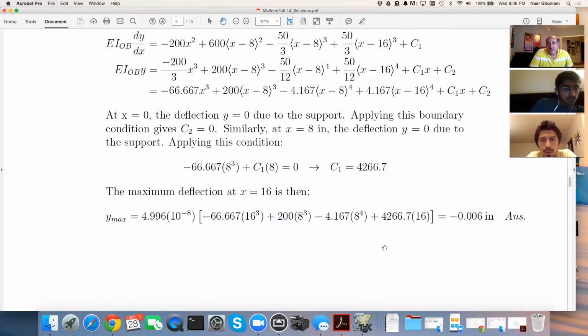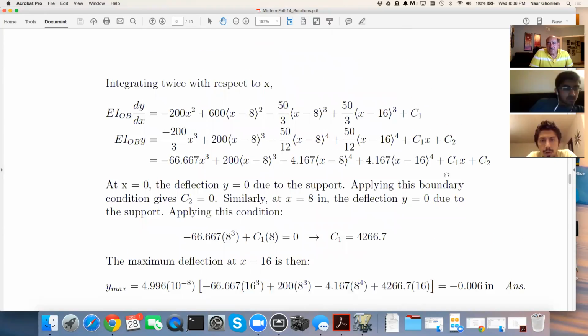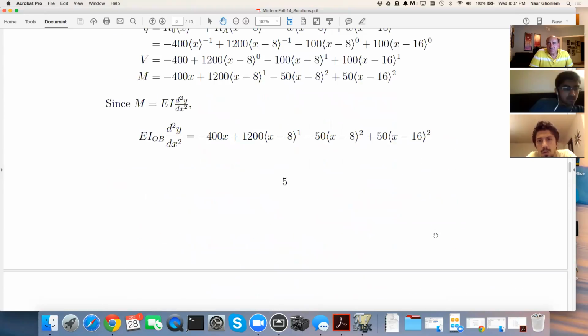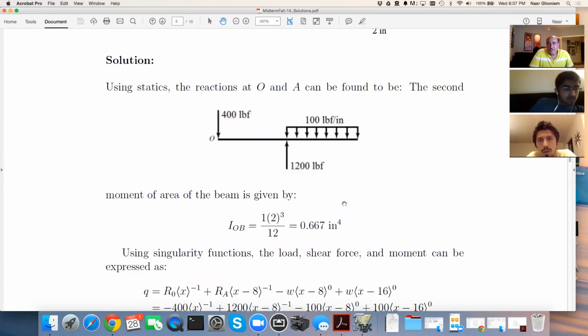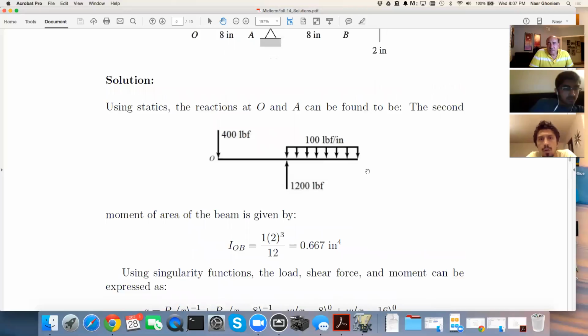So by common sense, if we have C1 and C2, we can take the derivative and find out where the maximum deflection is. But if you look at it with common sense, the beam is going to bend this way and then go to 0, and then maybe go up and then down again. So the maximum deflection could be here, or it could be at the end.